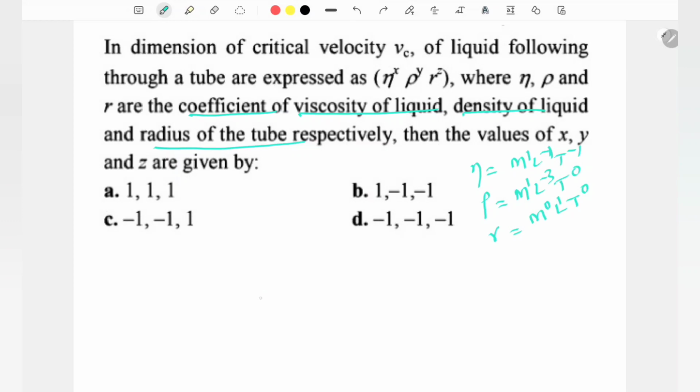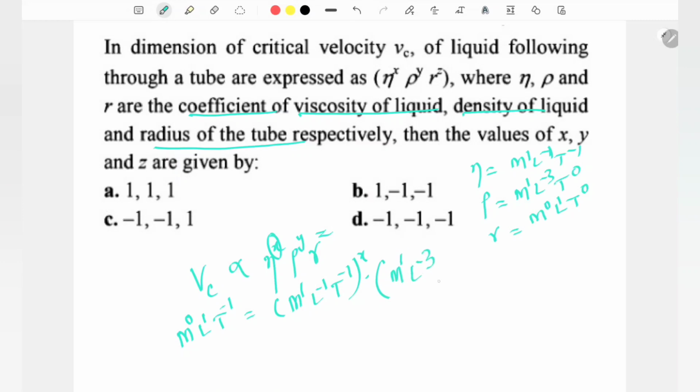Now by comparing the critical velocity Vc with the dimensions of the coefficient of viscosity eta, density and radius, for velocity the dimensions are M power 0 L power 1 T power minus 1, and for the coefficient of viscosity M power 1 L power minus 1 T power minus 1 whole to the power of x, into for density M power 1 L power minus 3 T power 0 whole to the power of y, into for radius M power 0 L power 1 T power 0 whole to the power of z.